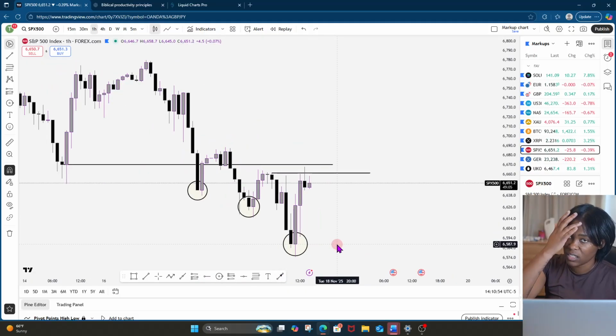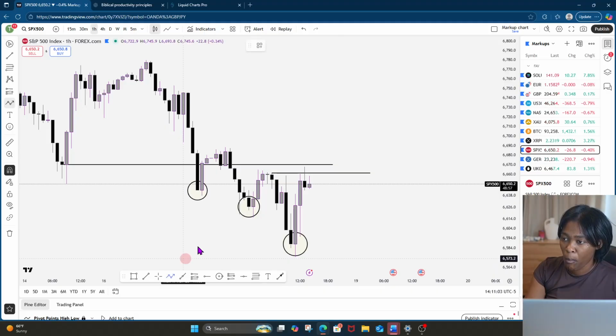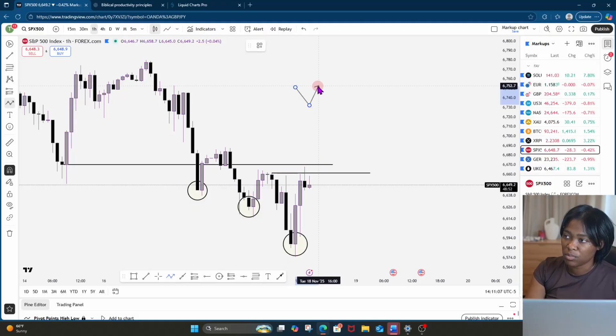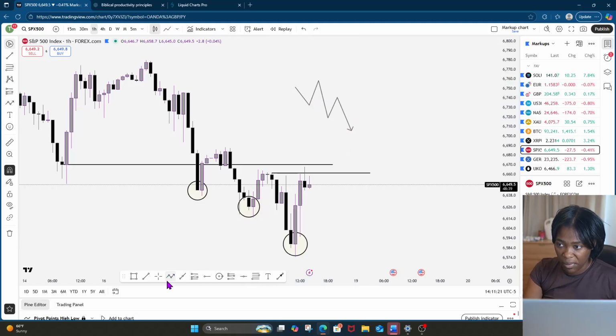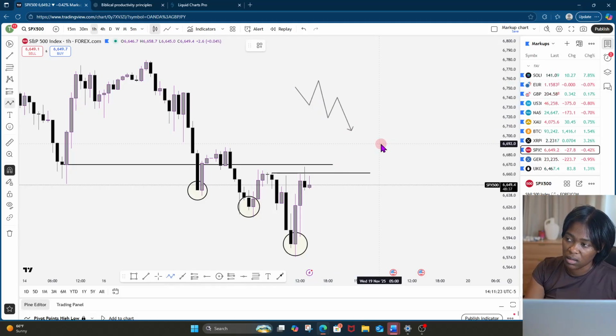So not every single day, especially on a pair like NASDAQ, is it going to just keep falling. It doesn't have perfect market structure all the time, which means it doesn't always come back to support and resistance and move above it and then fall. And then you see this is another support. It doesn't always come back above support and then fall. It doesn't always do that. And you'll see that as you trade stuff like NASDAQ, US30, SPX.